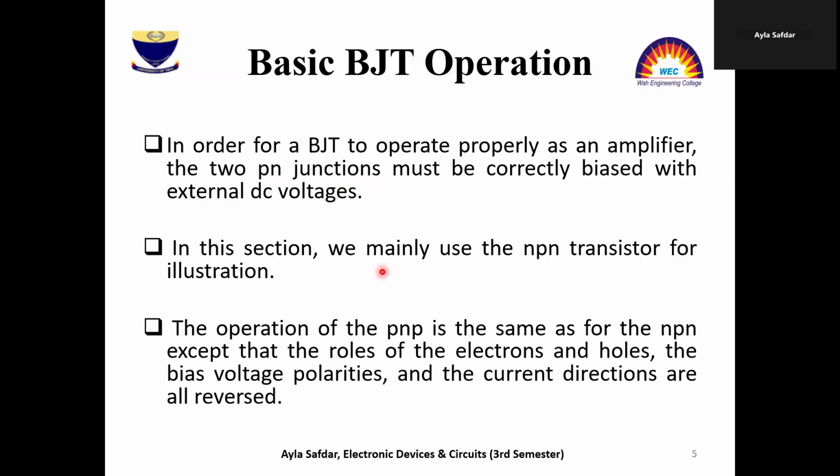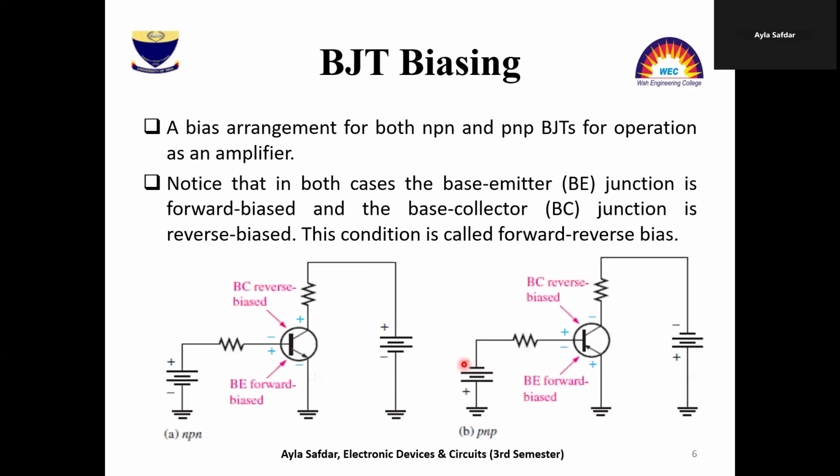In this lecture, we will be covering mostly the NPN transistor for the illustration, while the operation for the PNP transistor is the same, only the roles of the electrons and holes are reversed. The bias voltage polarity is reversed, and the current directions are reversed, which I will show in the next slide. Basically, we will be focusing on the NPN transistors, and the operation for the PNP is totally the opposite with the same logic.